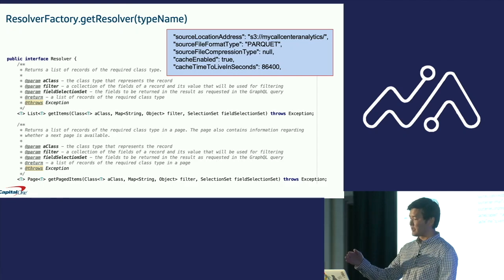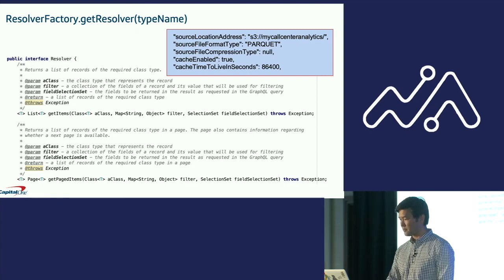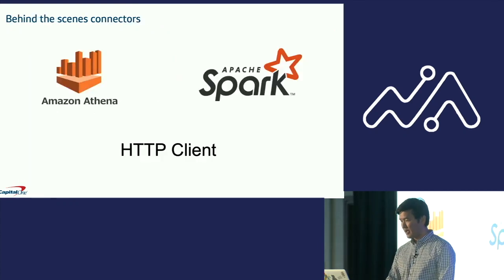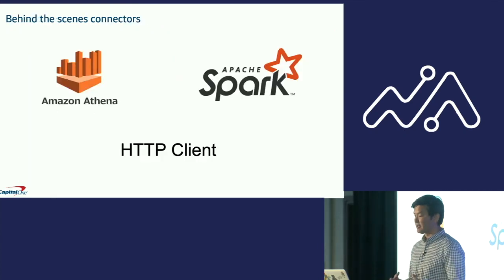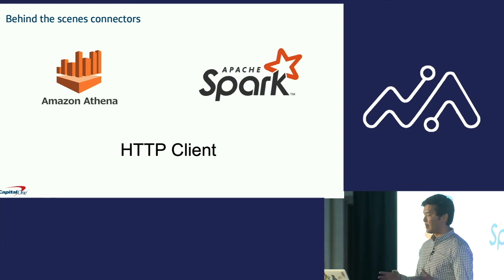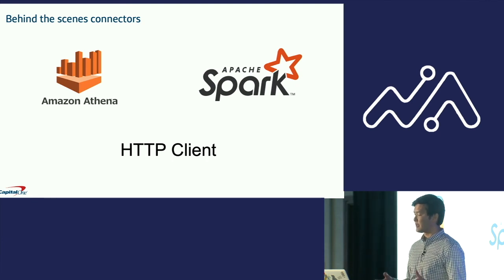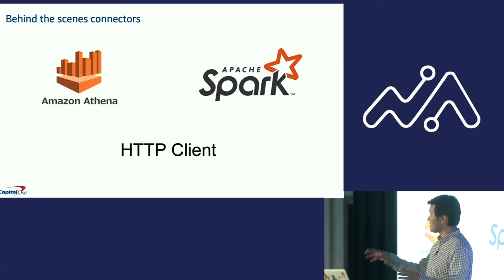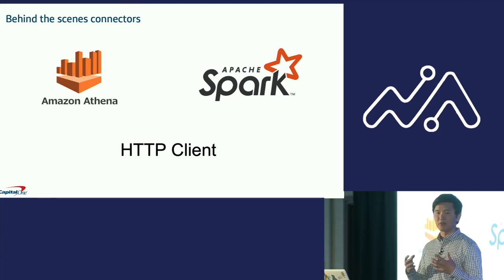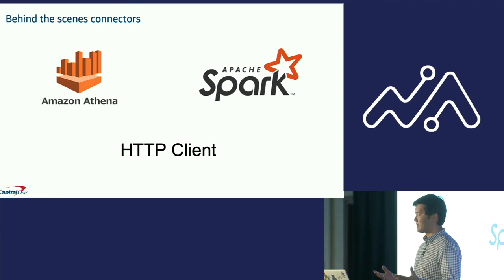Our configuration service has the necessary information to determine what resolver to return based on the request that we get. Behind the scenes of the resolvers, there are a few different tools that we use to get to the data and bring it back for the resolver to aggregate and present.